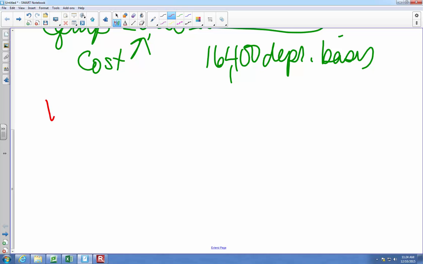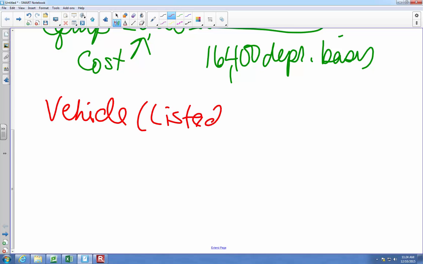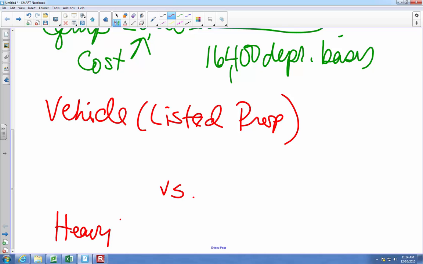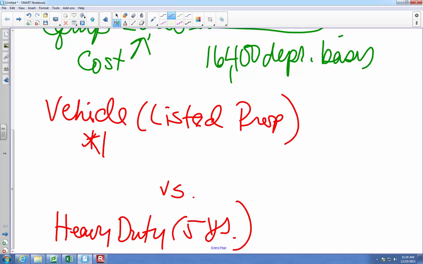Okay, a vehicle is listed property, but we're still missing something. So what about that? Heavy duty is not limited by what? That's what I'm looking for. Thank you, Gretchen. There's limitations imposed by luxury auto limitations, aren't there? For regular vehicles.